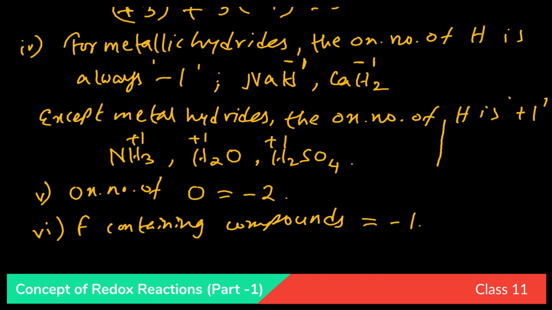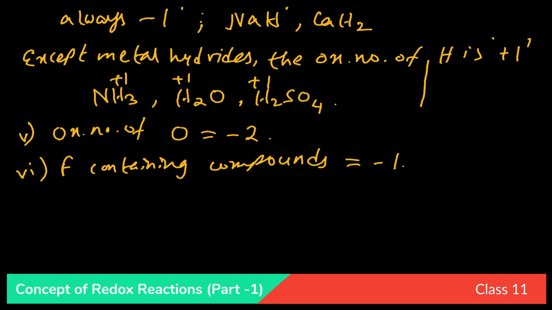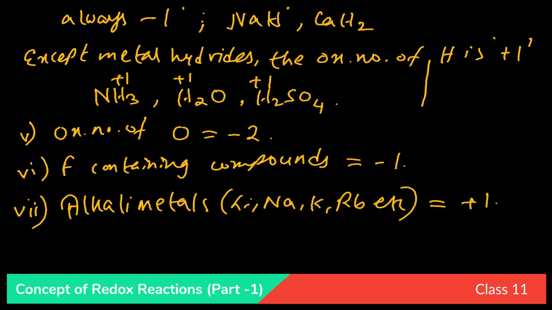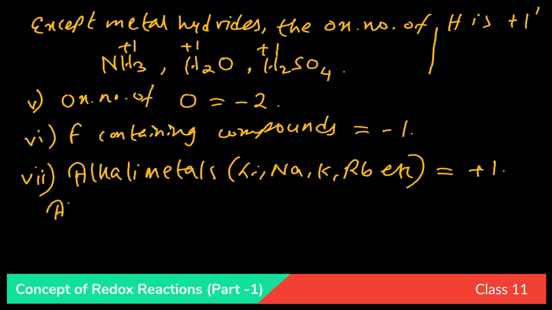And there are some elements which will show some fixed value of their oxidation number, such as the alkali metals. Alkali metals like lithium, sodium, potassium, rubidium will always show +1 oxidation number. That means their oxidation number won't change. It will always remain as +1. Also for alkaline earth metals.